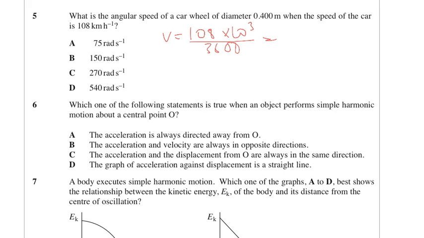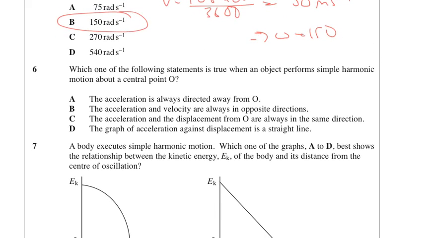Let's type that in and calculate before we go any further. So 108 times 1,000, so it's meters per hour, divided by 3,600 gives you 30 meters per second. We need to divide that by 0.2 because that's the radius, which gives you an angular speed of 150, which would be option B.